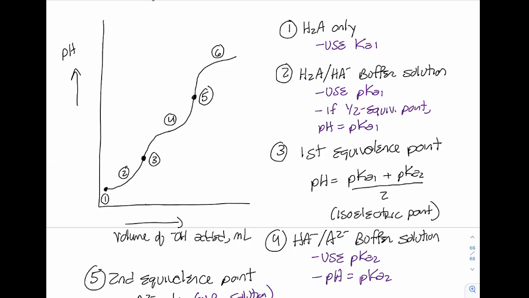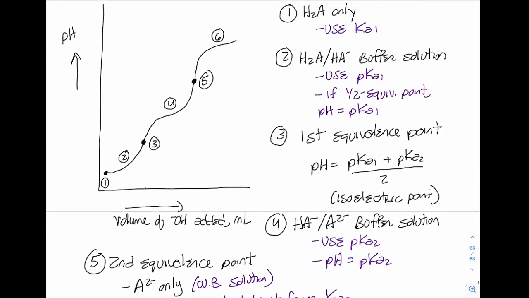At this point, the pH would be the average between pKa1 and pKa2. Here I'm going to have an H2A minus, HA2 minus, sorry, that's so confusing, buffer solution. And just keep going. Your next equivalence point would be the average between pKa2 and pKa3, and so on. So you could scale this up for a different number of protons.